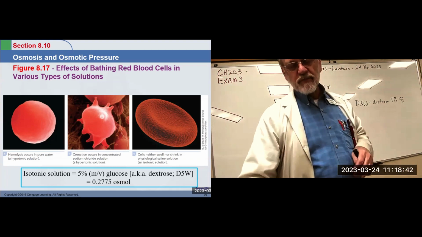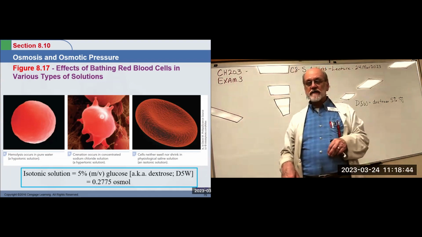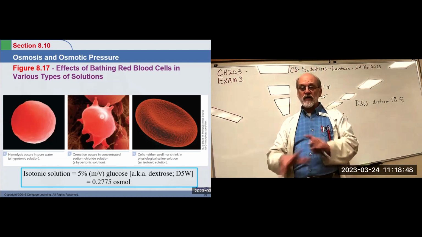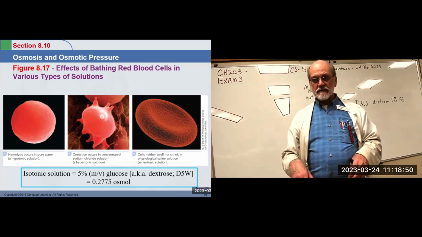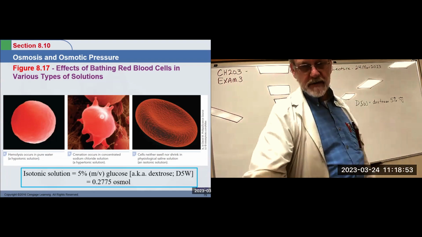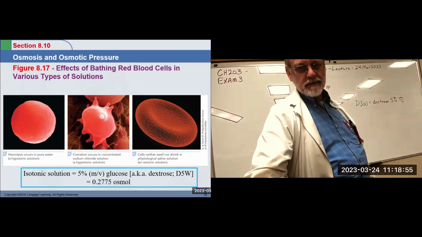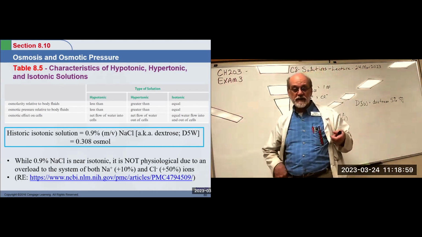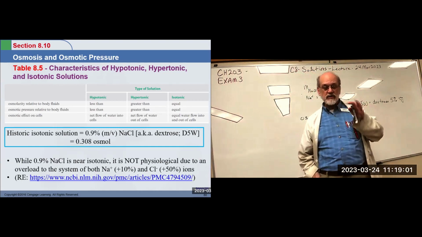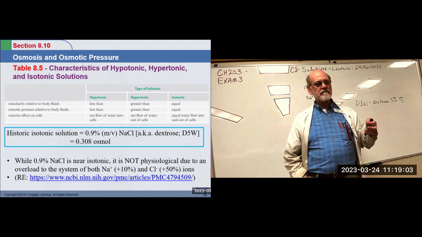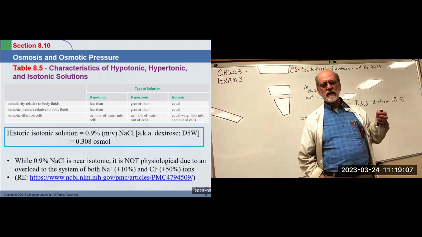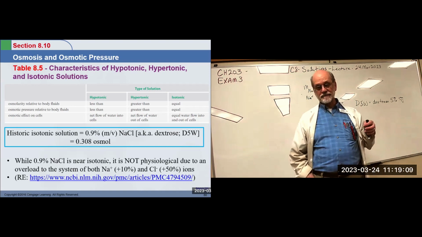But there are other problems with sodium chloride solutions: it's not just isotonic, it's flooding your system with sodium ions and chloride ions. And that overworks your kidneys, because they have to get rid of that stuff. That's why isotonic solutions in hospital settings are usually mixtures of different things. One that I'm familiar with is lactated Ringer's solution.